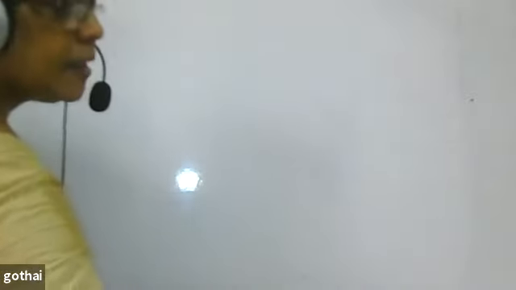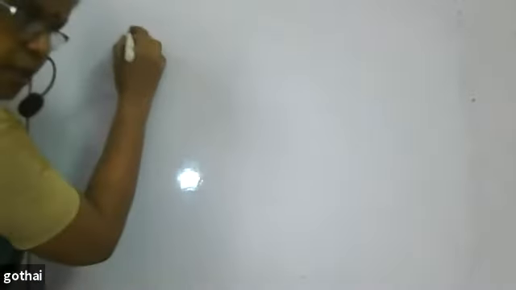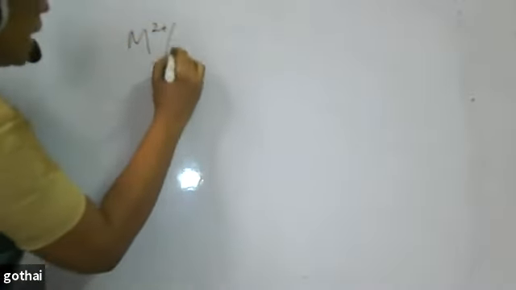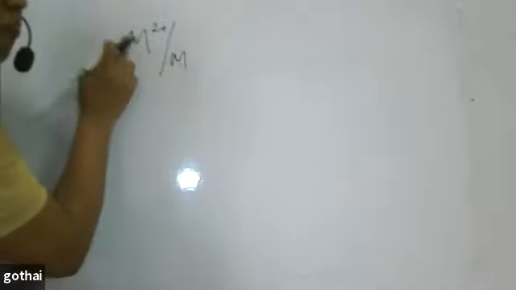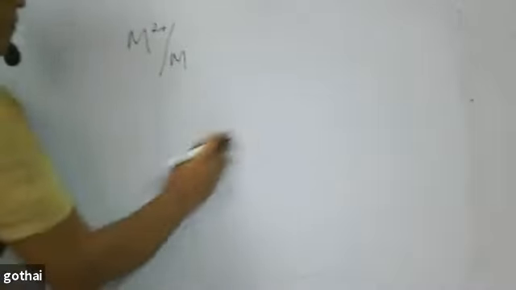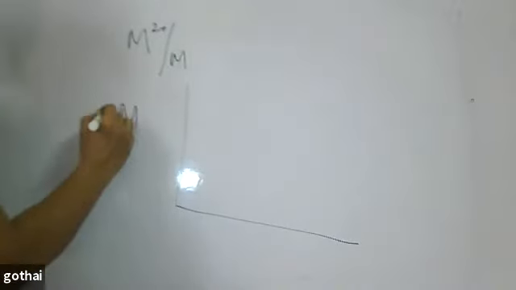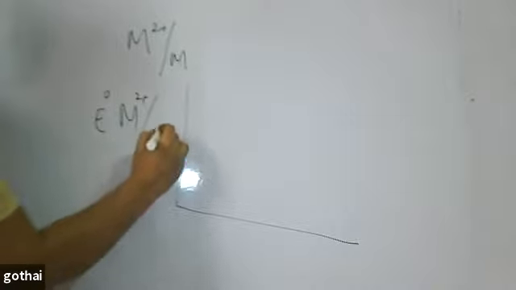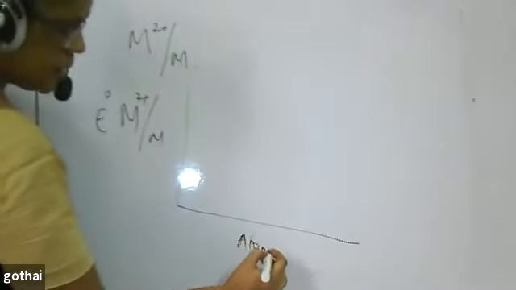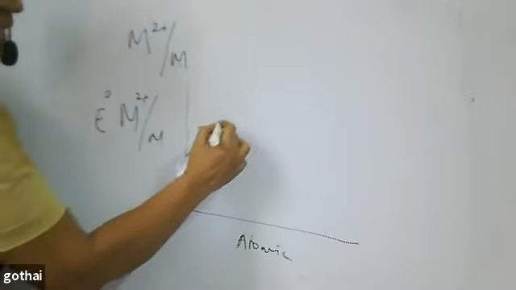Next is the trend. This I want you to recall. You have to keep in mind, let us recall your electrochemistry. We are talking about M2+/M. It's nothing but the reduction potential of the +2 state. When we draw the graph of this E0 value of M2+/M against atomic number, we see an increase.